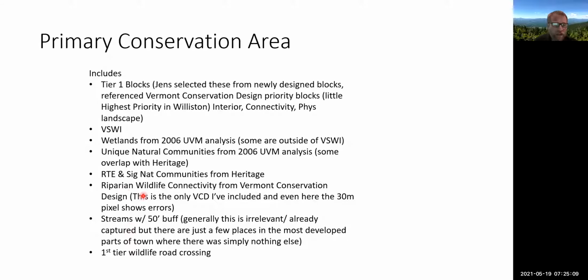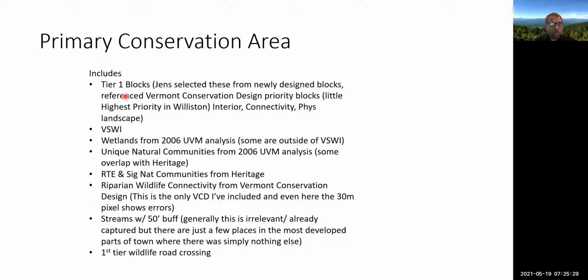So as we think about this primary conservation area, these are the features that are most ecologically important. And so we would want the highest regulatory standard, in my opinion, for a primary conservation area. But let's just flag that those forest blocks are a huge land area.